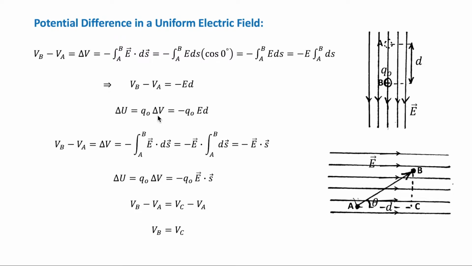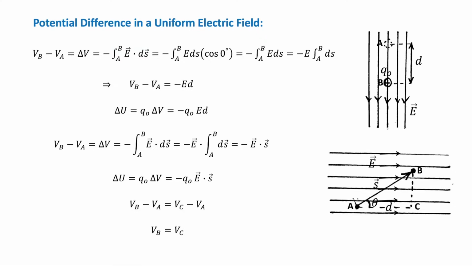So positive work by the field means if the test charge is released from rest, it will experience an electric force Q naught E in the direction of E, and it will accelerate downwards, okay? And it will gain kinetic energy because it is positive work. And this gain in kinetic energy is equal to the decrease in the potential energy of the charge field system, okay? And this is because the electric force is conservative.